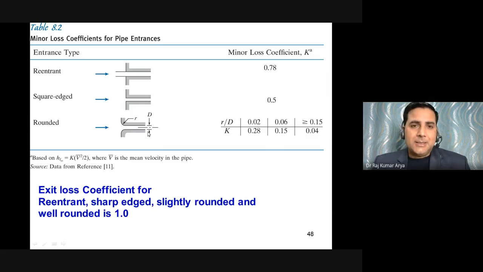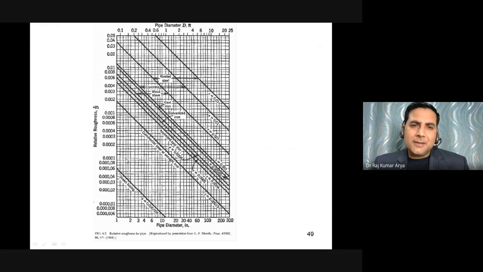Now this is again the pipe diameter table we have already shown here. It gives you the value of the roughness, epsilon by D, against the diameter. If you know the diameter, you can calculate the value of epsilon by D, and this is for various materials available worldwide.